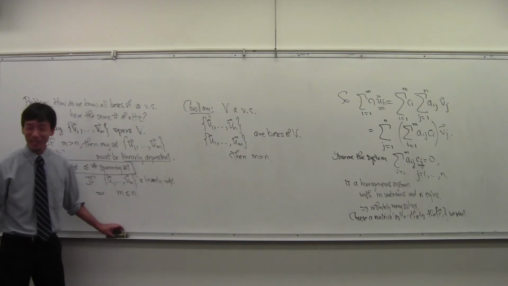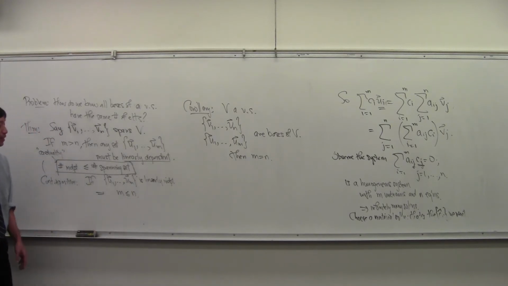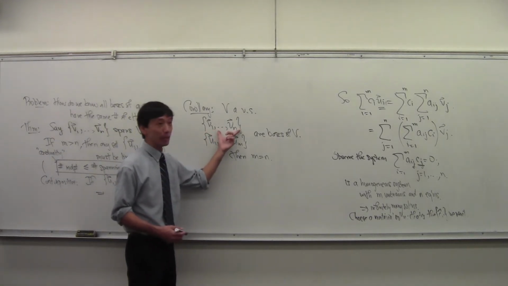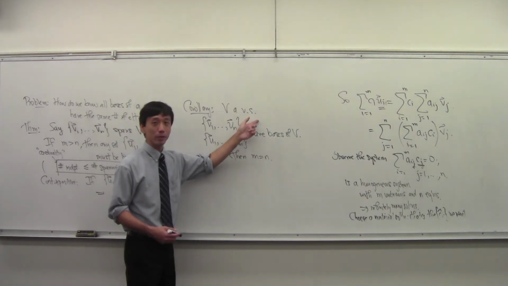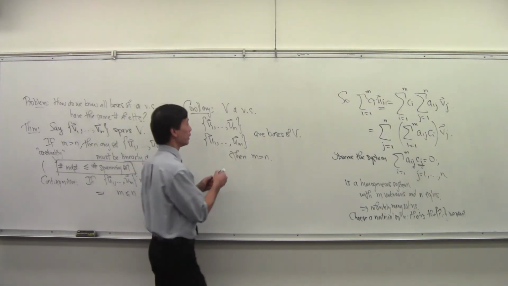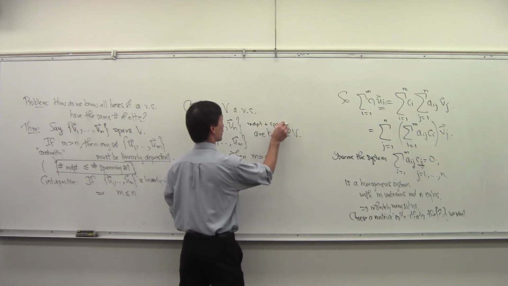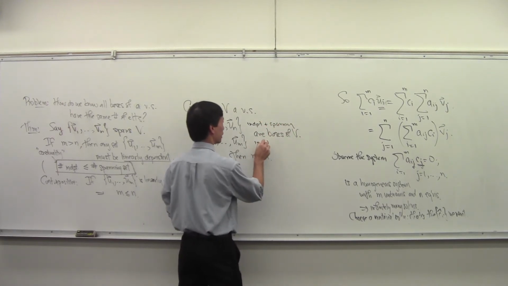Yes, since they're both spanning sets and independent sets, n must be less than or equal to m and m must be less than or equal to n. So the only thing that follows is they're equal. If you're a basis, then you're linearly independent and also a spanning set. So this one is independent and spanning, and this one is also independent and spanning.